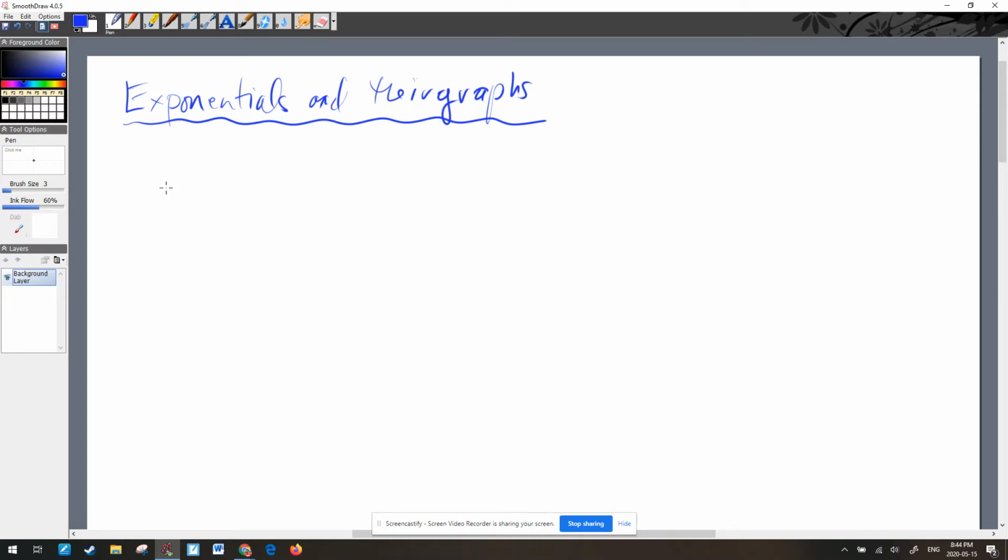So we're going to start with the very most basic, y equals some number, and I'm just going to call it a, to the exponent x. Now, this a is a number, where a is a positive constant number, and that's important that it's positive.